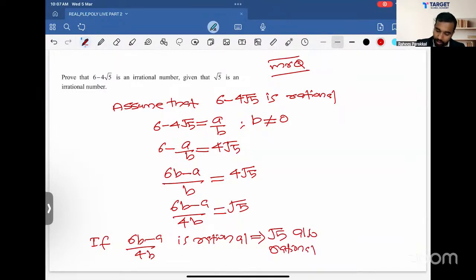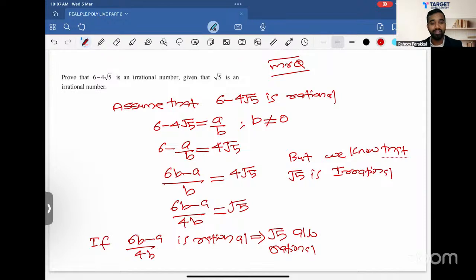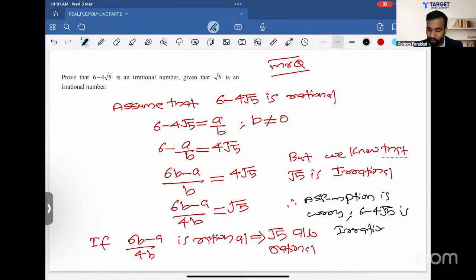But we know from the question itself that root 5 is irrational. So what is our conclusion? Therefore our assumption is wrong. You should write: our assumption is wrong, question is correct. In the sense, 6 minus 4 root 5 is irrational.